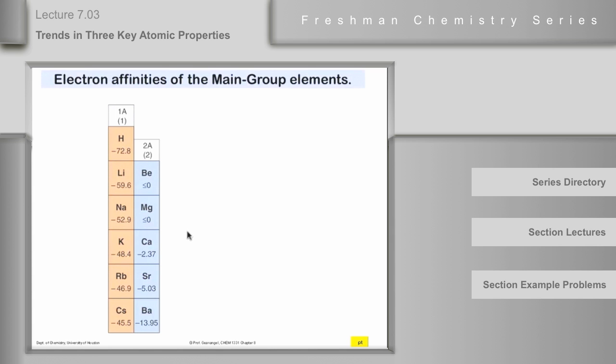We were discussing electron affinities. And we said that electron affinity represents the process by which an atom in the gas phase accepts an electron to produce a negative ion in the gas phase, and the electron affinity is the delta H for that process. So electron affinities can be negative, or they can be positive, or they can even be zero in a few cases. They're pretty close.